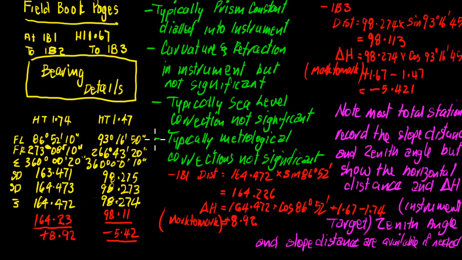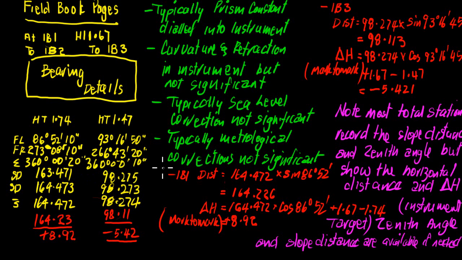I'll just go through this other one here. Face left, so this is an angle of depression, 93, 16, 50, 266, 43, 20. Again, we add them up, 360 degrees, 0 minutes and 10 seconds. Now they should all come to round about the same thing, so that 20, 10, that's fine.